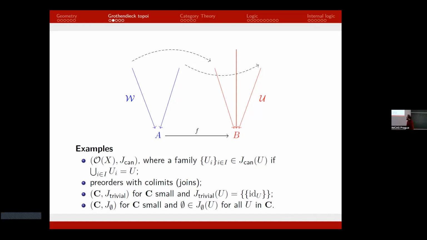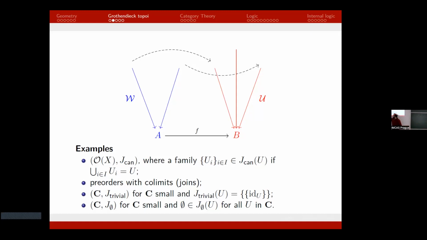Two other, let's say, peculiar coverages that we can put on any category: the first is the trivial one, which tells us that the only family that covers an object U will be the identity. And of course, this is the most disconnected version, because we can't recover global information from anywhere else than from the global picture. So we have a total disconnection from global to local to global.